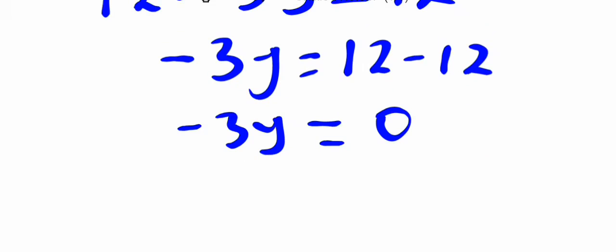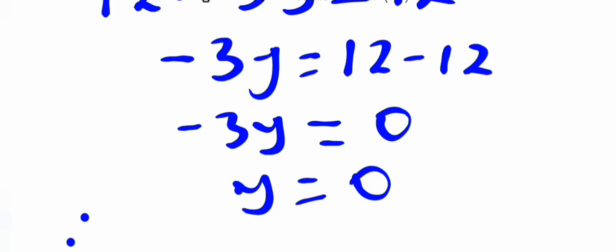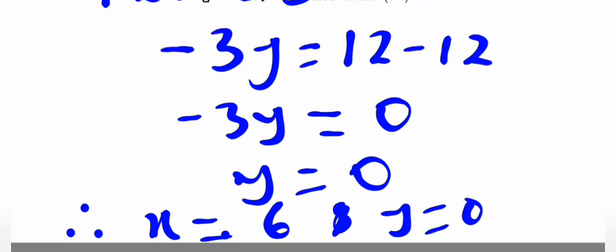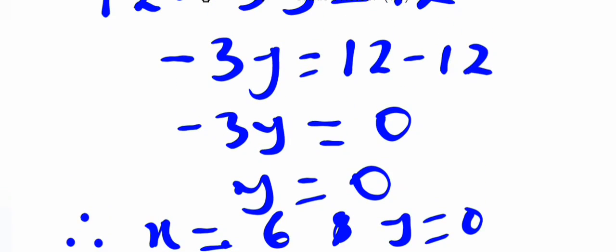So when you divide both sides by minus 3, y equals 0 divided by minus 3, and that will be y equals 0. So therefore, the two numbers are x equals 6 and y equals 0, which is (6, 0). That's the solution to question number 4a.